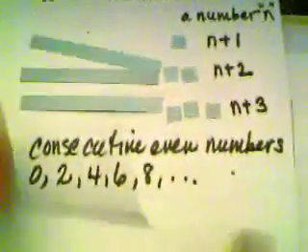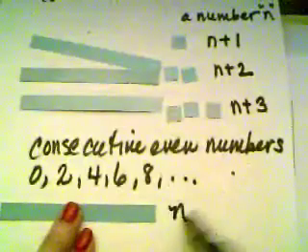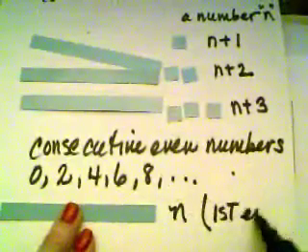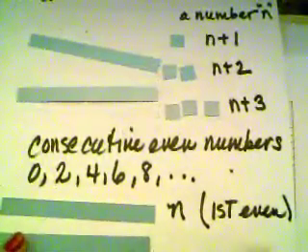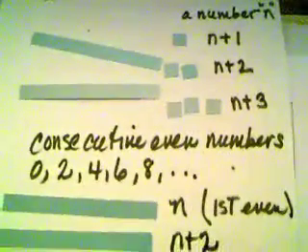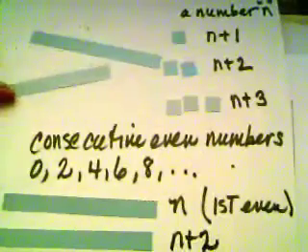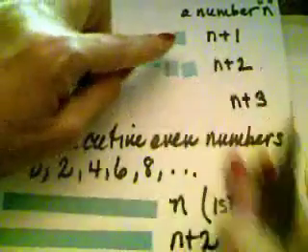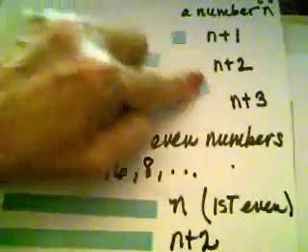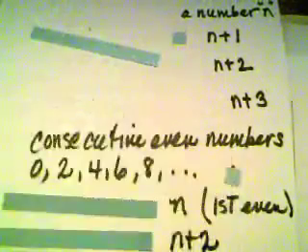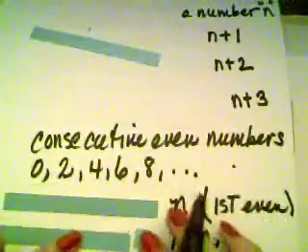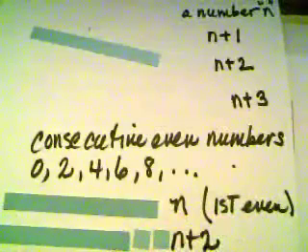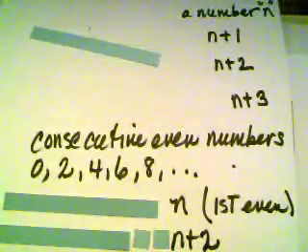So if I have n as the first of the even numbers, then the next even number would be 2 more than that, or n plus 2. And the next even number would be 2 more than that, or n plus 4. So we have n plus 2 and n plus 4. And then the next would be n plus 6.